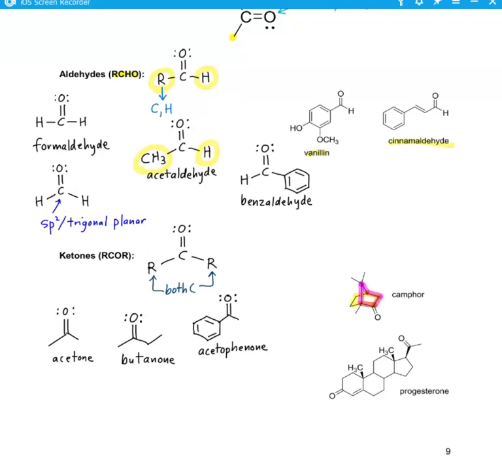So we would call this a bicyclic compound, or a bicyclic structure. And right here is the ketone functional group. That's also present in 2 places in progesterone, which is one of the human sex hormones.